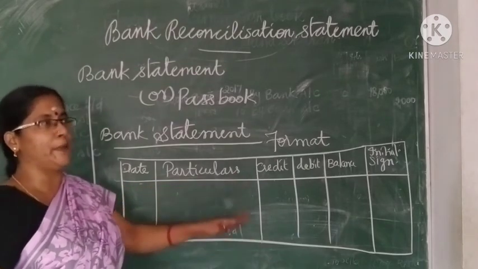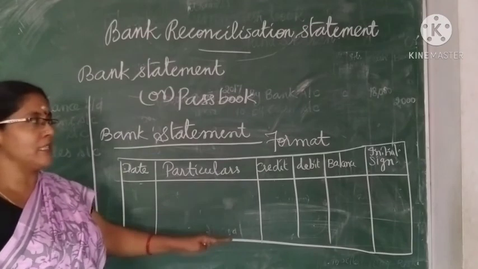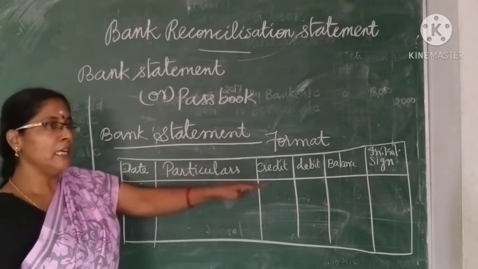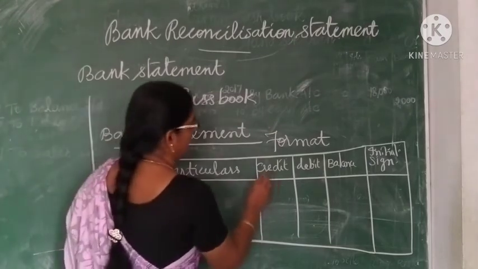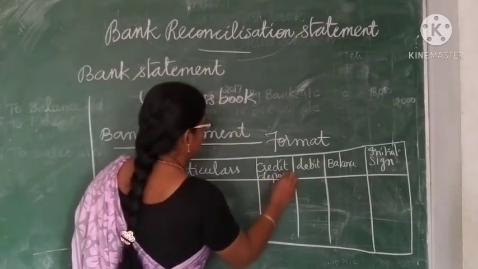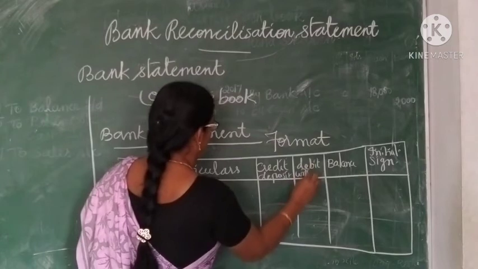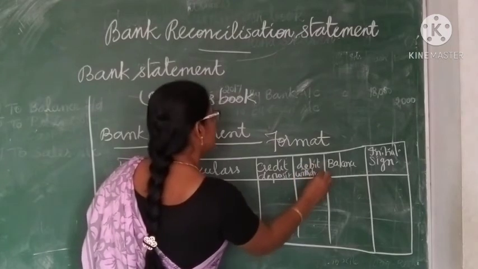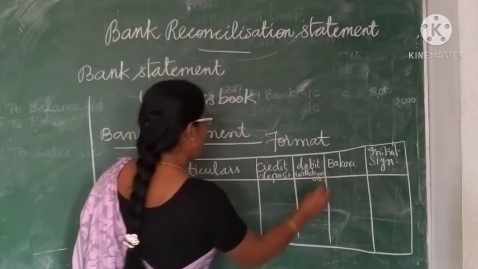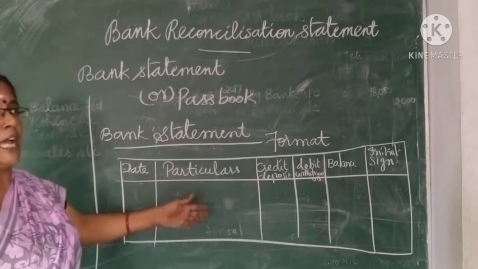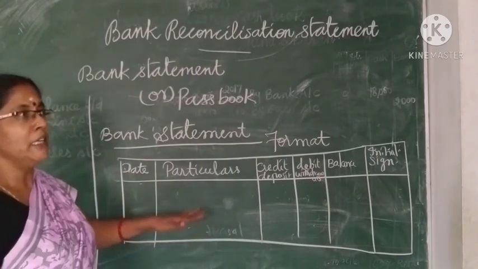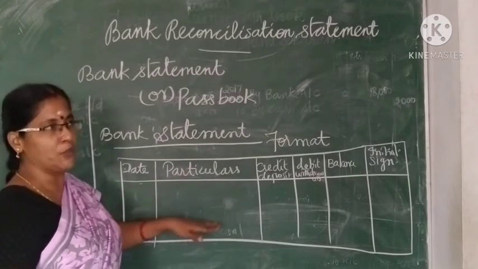Credits and debits represent deposits and withdrawals. Deposits come under the credit column and withdrawals come under debit. Why is there a variation in the passbook? I will explain later. Now I will explain the format alone.